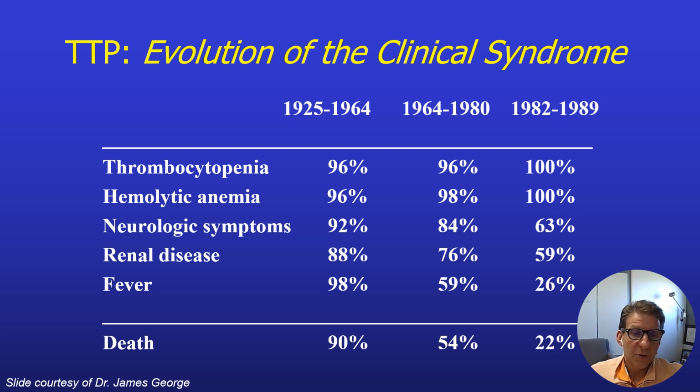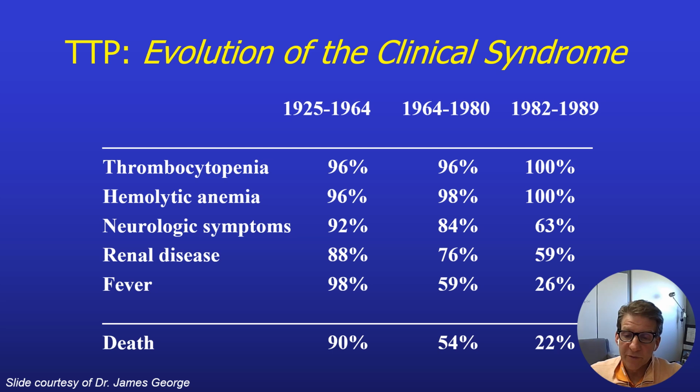But as you move forward in time, in the 80s you get the hint of a successful therapy with half of patients surviving, and then beyond 82, nearly all patients. And today that mortality rate is down to about 5%.